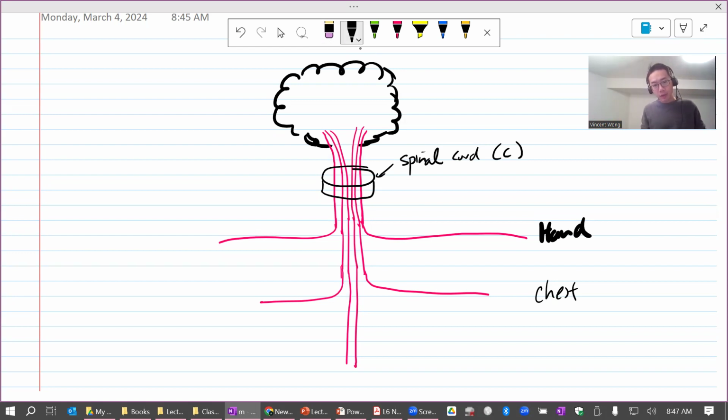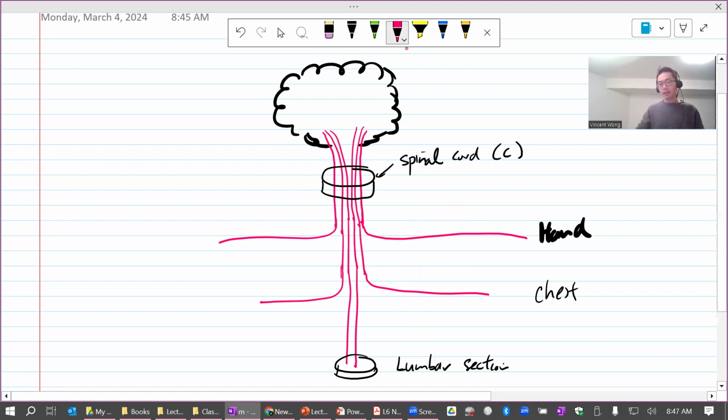The further down you go, let's say all the way down to the lumbar section, a lot of the tracks have exited already. They went to the hand, they went to the chest, they went to the hip, right? By the time you get to the bottom, you have very few tracks that are still on their way to the legs or something. Okay?